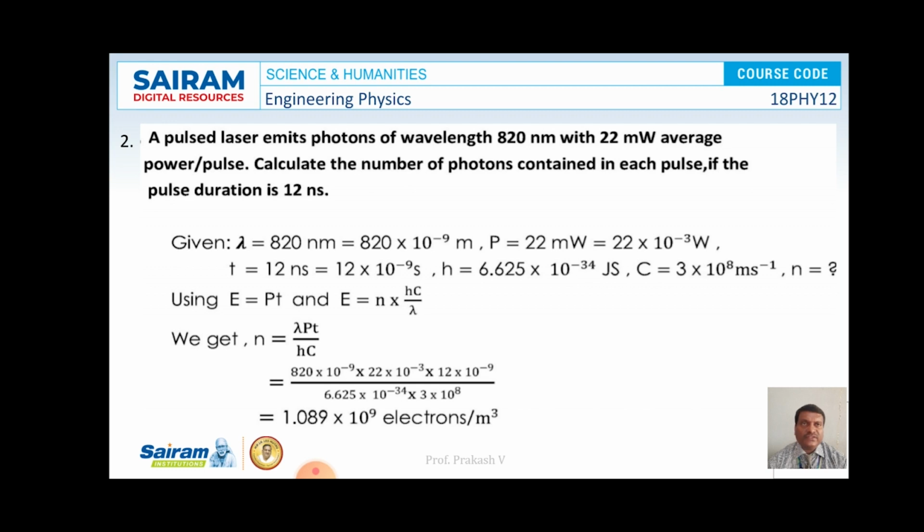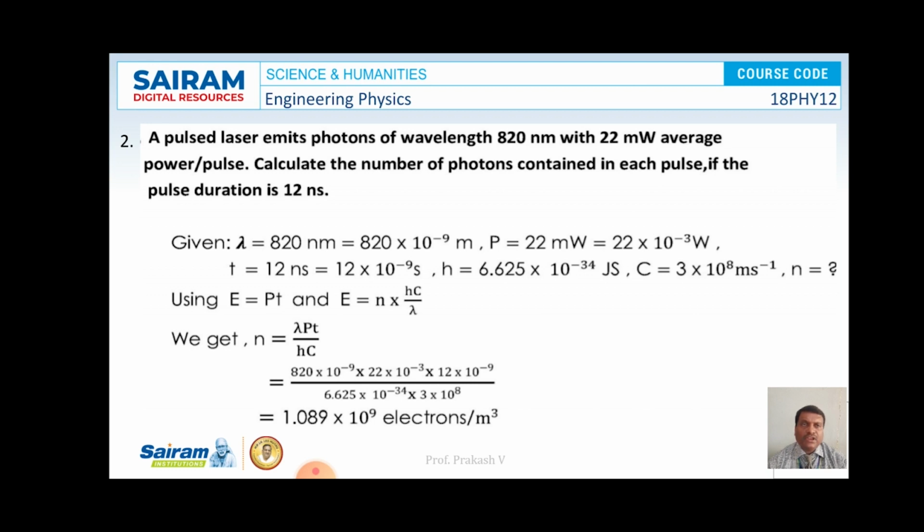A pulsed laser emits photons of wavelength 820 nanometer with 22 milliwatt average power per pulse. Calculate the number of photons contained in each pulse if the pulse duration is 12 nanoseconds. So lambda is 820 nanometer, P is 22 milliwatts, t is 12 nanoseconds, h is 6.625 into 10 to the power minus 34 joule second, and c is 3 into 10 to the power 8 meter per second.